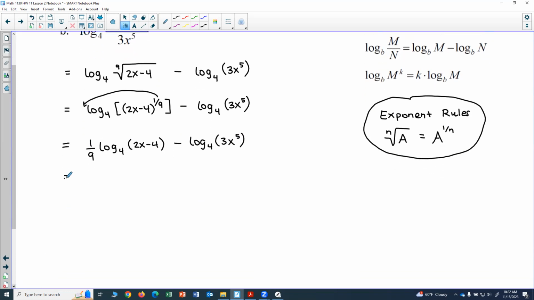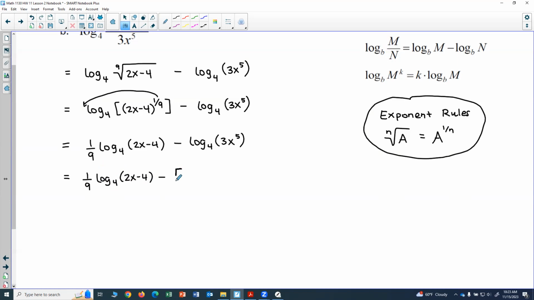Okay, so I have 1/9 log base 4 of 2x minus 4. So that one is done. That log is as simplified as it's going to get because I don't have a property that will split apart the argument 2x minus 4. My properties only work when I have multiplication or division in the argument, in the thing that's plugged into the log.